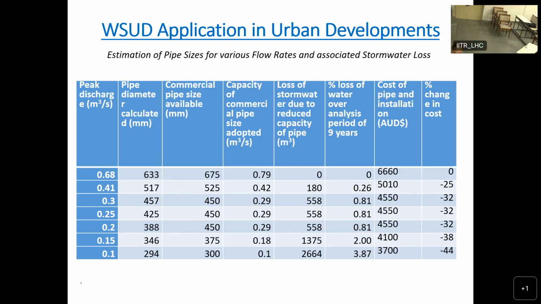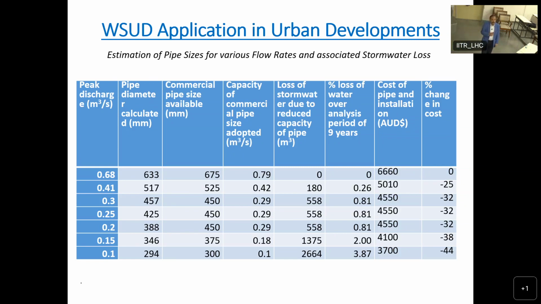So what I want to say here is, it is not necessarily that you pick up the peak flows. You look into the economic cost of it and see how much water we are losing by not taking the peak values and what will be the most suitable value for the area. You can conduct that sort of very simple analysis, and then you can see the reduction in the cost.